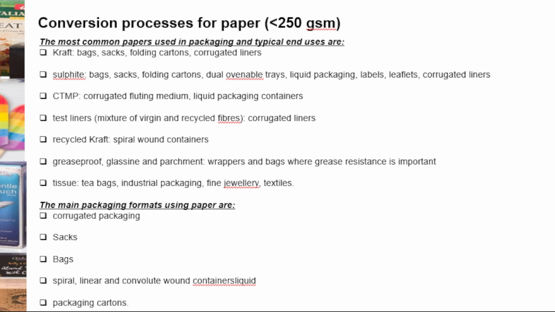The main packaging formats using paper are corrugated packaging, sacks, bags, spiral, linear and convolute wound containers, liquid packaging, cartons.